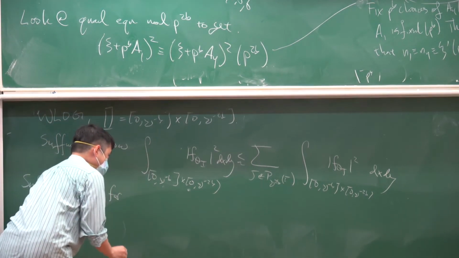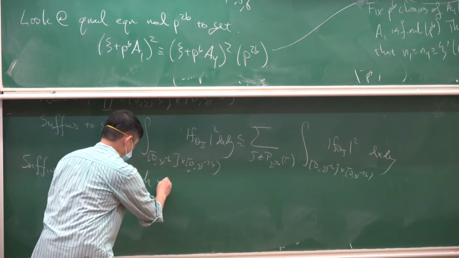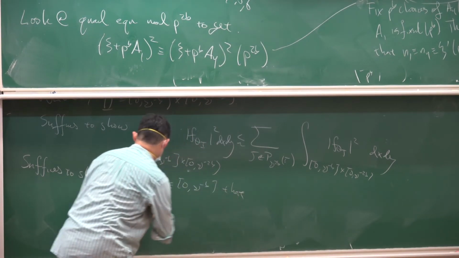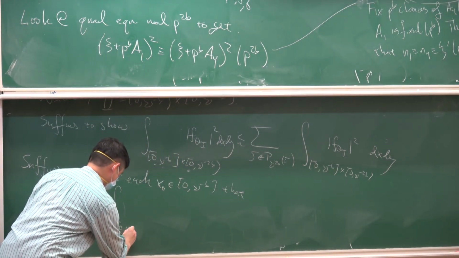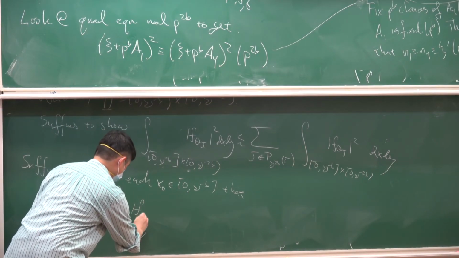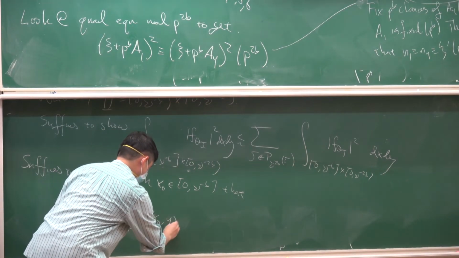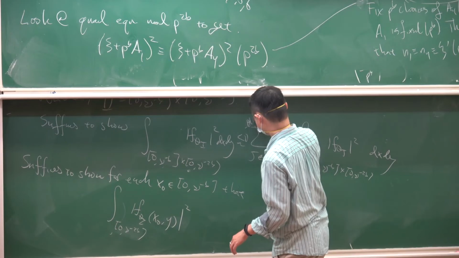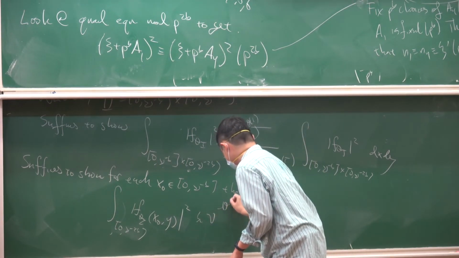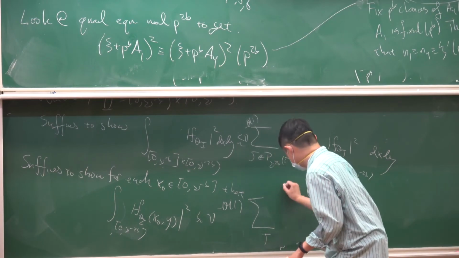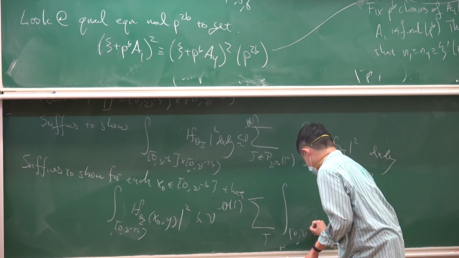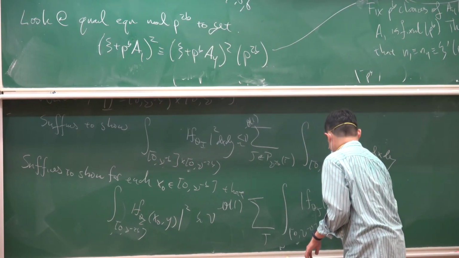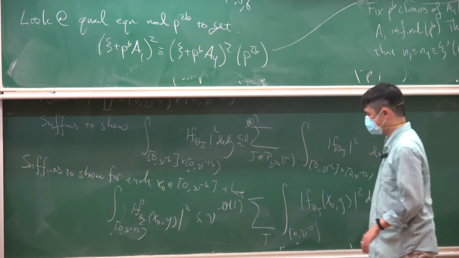for each x naught in 0 nu to the minus b that the integral over 0 nu to the minus 2b of f theta I of x naught y squared, I guess there's a loss here, is bounded by nu to the minus something, sum over j, dy.